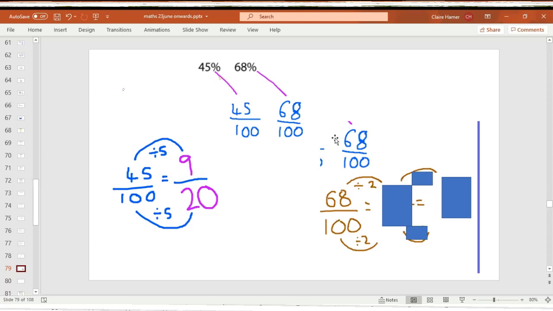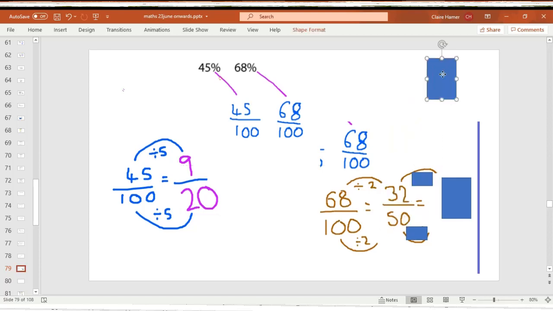I'm wondering if you can simplify 68 hundredths yourself. There's a little clue here. See if you can do it. So first I divided by 2 because I know they're both even, so I just thought I'll just divide by 2. So I got 32/50.